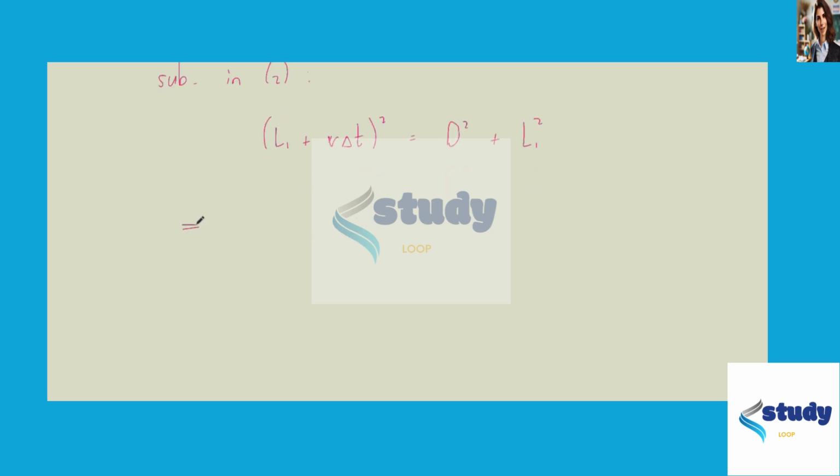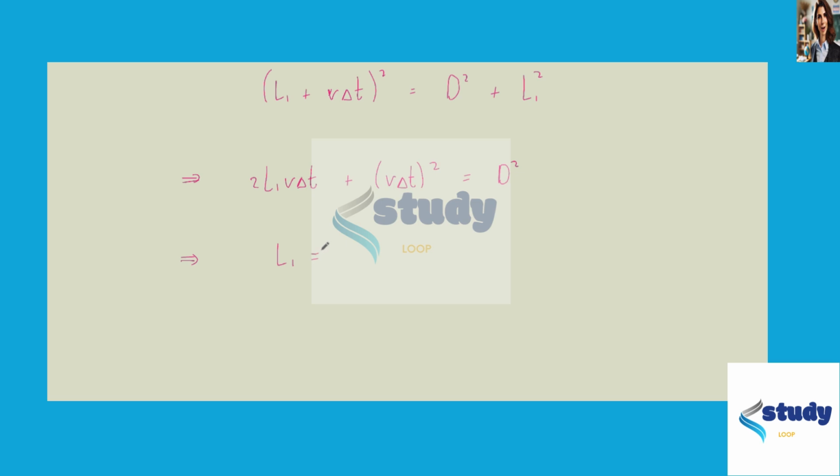So if we simplify this, we get 2 times L1 times v delta t, plus v delta t all squared, is equal to d squared. And from here, we can solve for L1. So we essentially have one equation with one unknown.